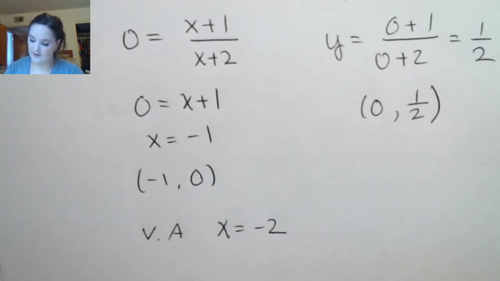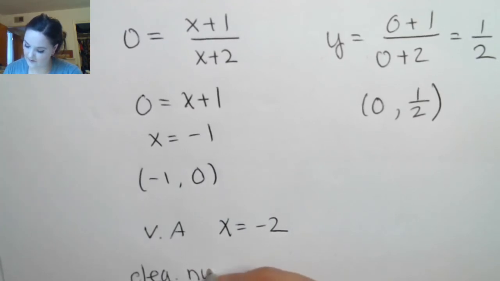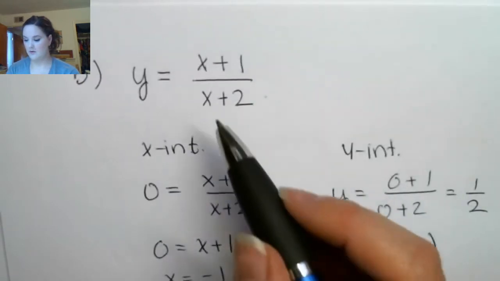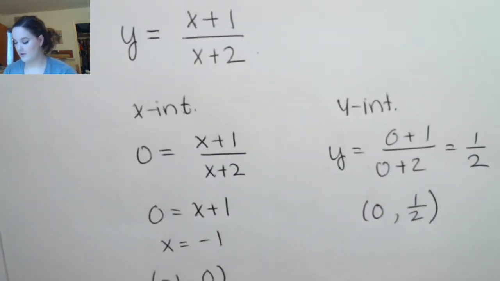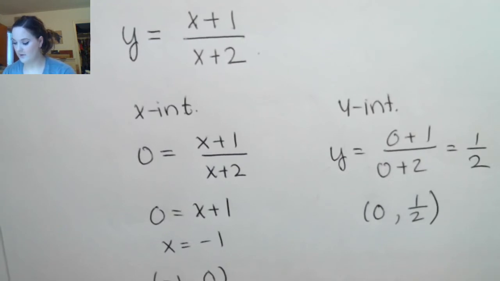Okay, and then I'm going to look at the degrees to find either the slant or the horizontal asymptote. So the degree of the numerator is 1. The degree of the denominator is also 1.